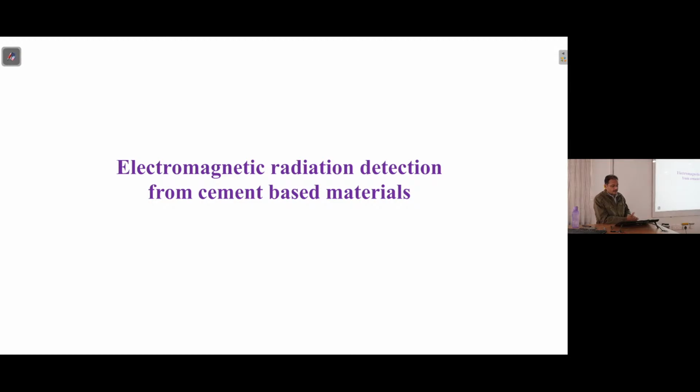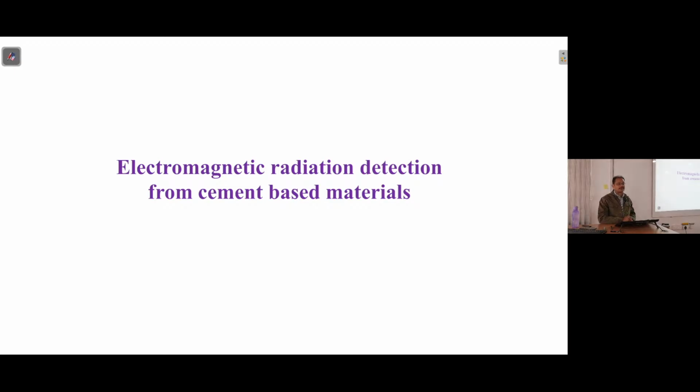Then moving on to electromagnetic radiation from cement based material. Like I mentioned, one motive of course is to first of all be able to have non-contact signal. So we started with piezoelectric materials, which by default have been much used for sensing applications, and we achieved non-contact sensing using them.